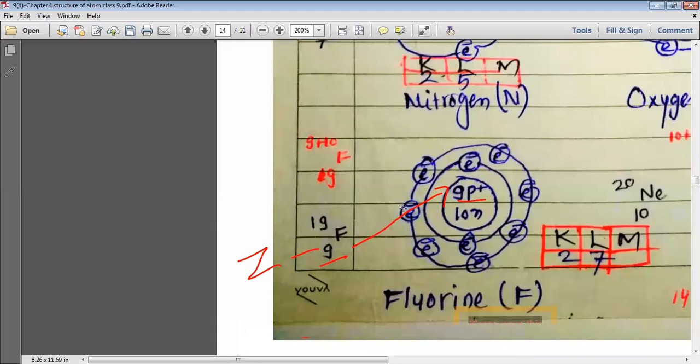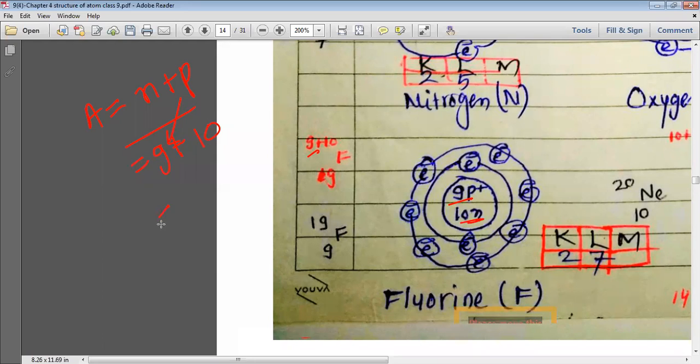Now we want to determine the atomic mass number A. Atomic mass number A is equal to the number of neutrons plus the number of protons. Here the number of protons is 9, and the number of neutrons in fluorine is 10.